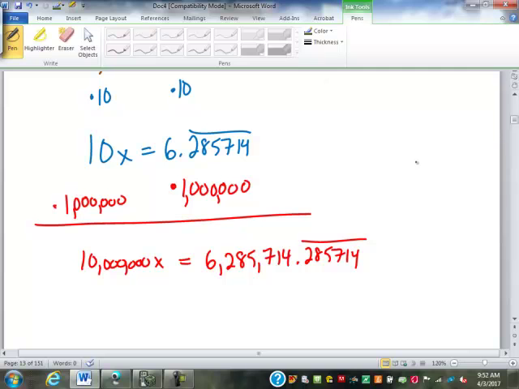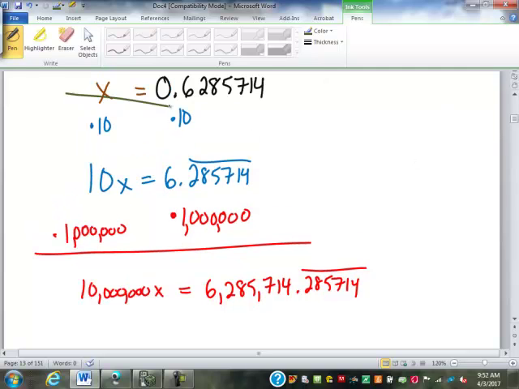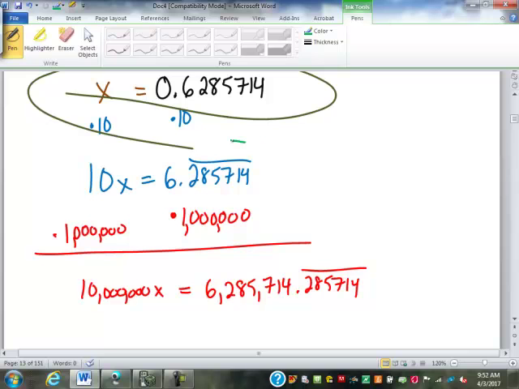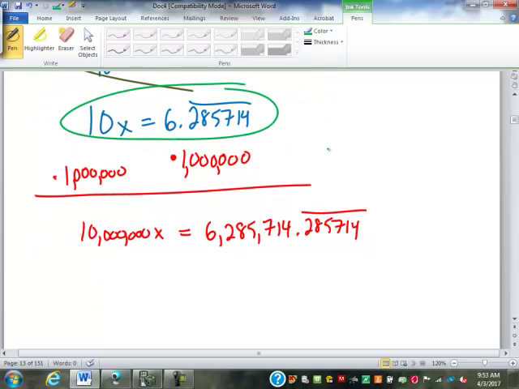What would our next step be? Do I go all the way back up to here? Say no. No, I go up to here, because that has the repeating decimal that I need to get rid of. So I'm going to subtract 6.285714. That's going to cancel out that repeating decimal.